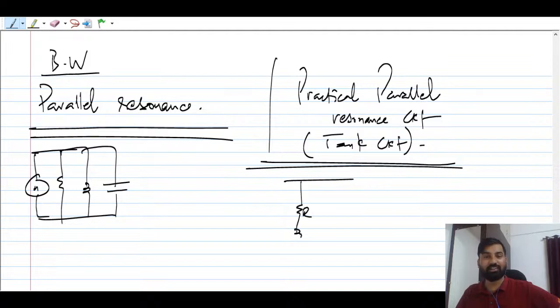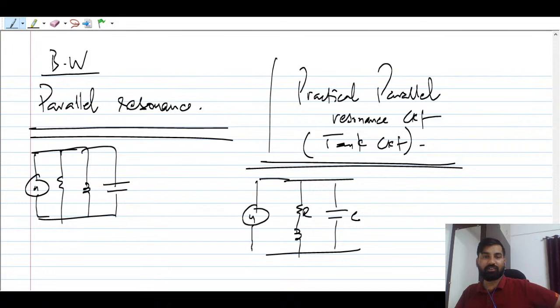One resistor, inductor, and one parallel capacitance are connected, right? In fact, many questions have been asked from the tank circuit. If you remember this circuit, you will find many questions have been asked in the GATE examination. This is nothing but a tank circuit, where R and L are connected in series.